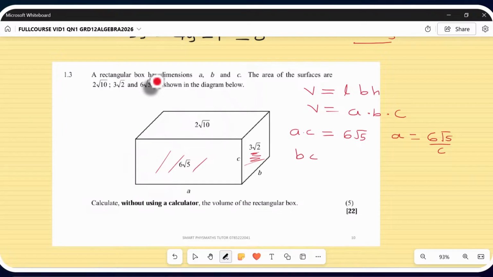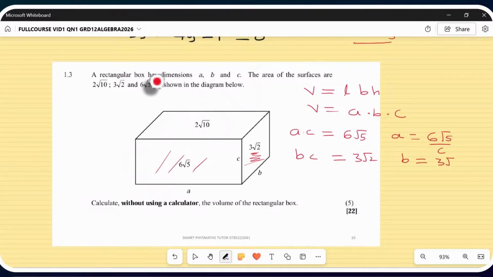So from these three equations, I can say A and B combined together, A times B from here, I also have AB here.